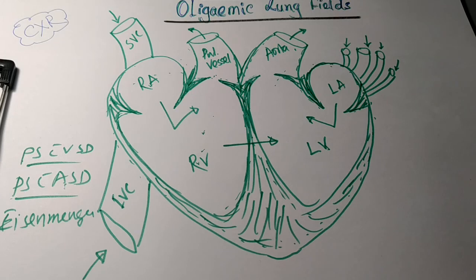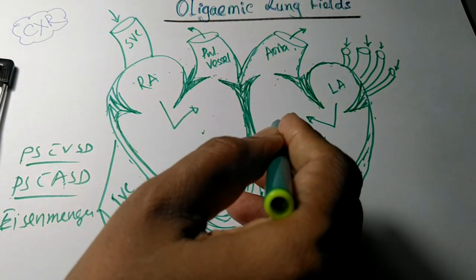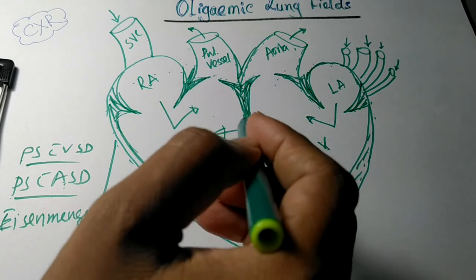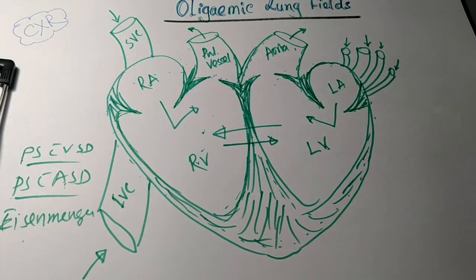Eisenmenger syndrome: when there is reversal of shunt in a left to right shunt like ASD, VSD or PDA. In long standing cases, due to development of pulmonary hypertension, reversal of shunt occurs. That means normally in VSD shunting of blood from the left ventricle to the right ventricle occurs, but when there is reversal of shunt, that is called Eisenmenger syndrome, due to development of pulmonary hypertension.